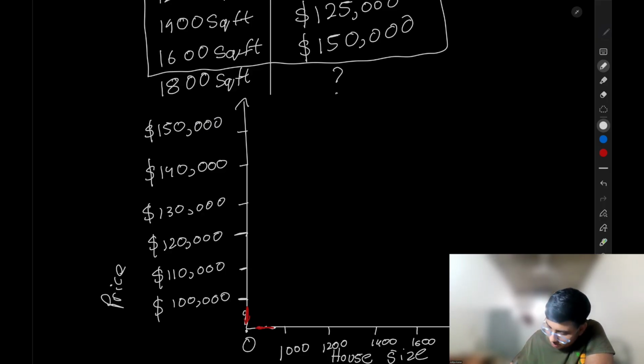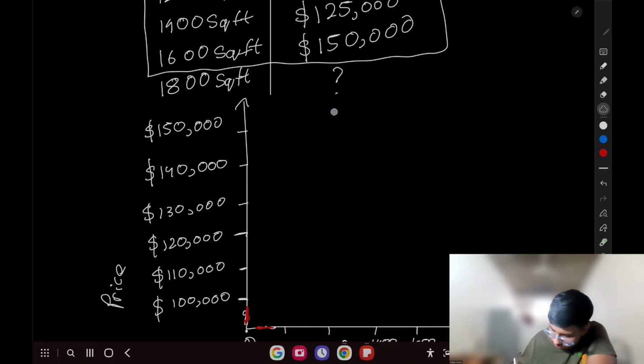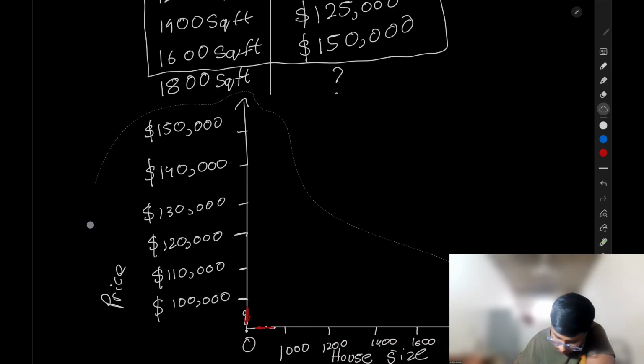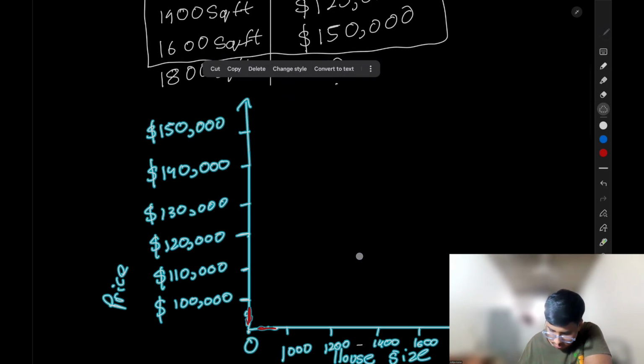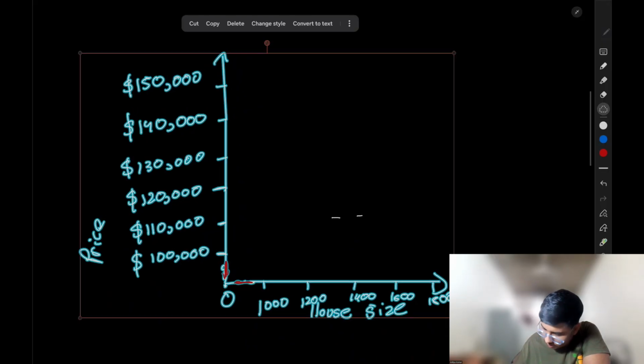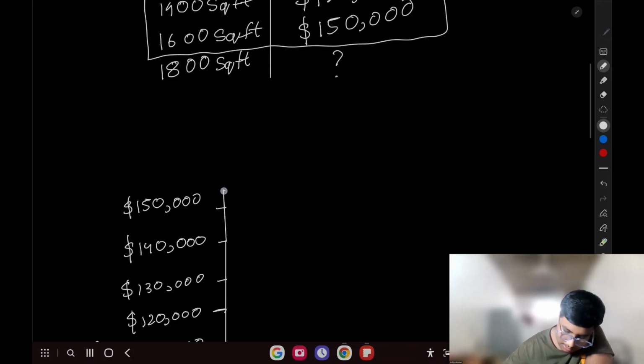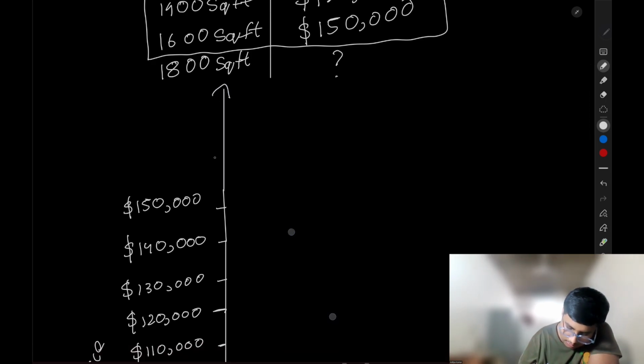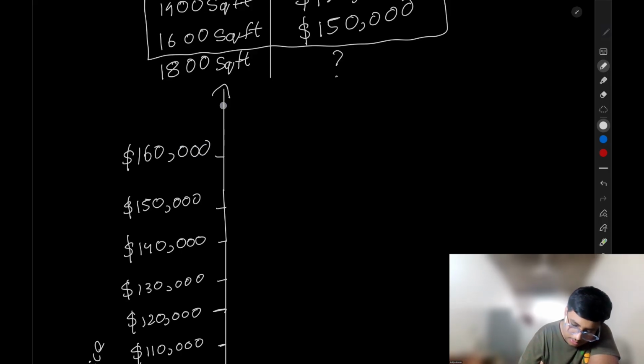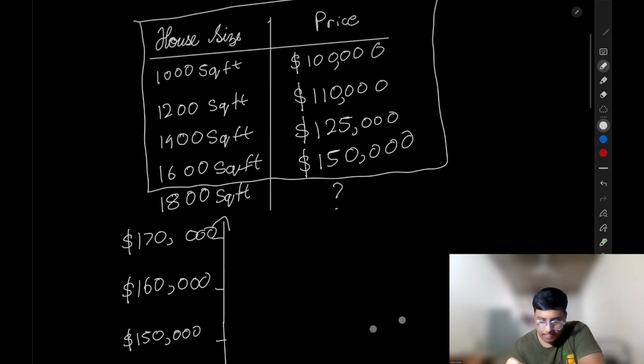Let's move the graph a little bit down. Let's increase the size of the y-axis a little more. 160,000, 170,000.